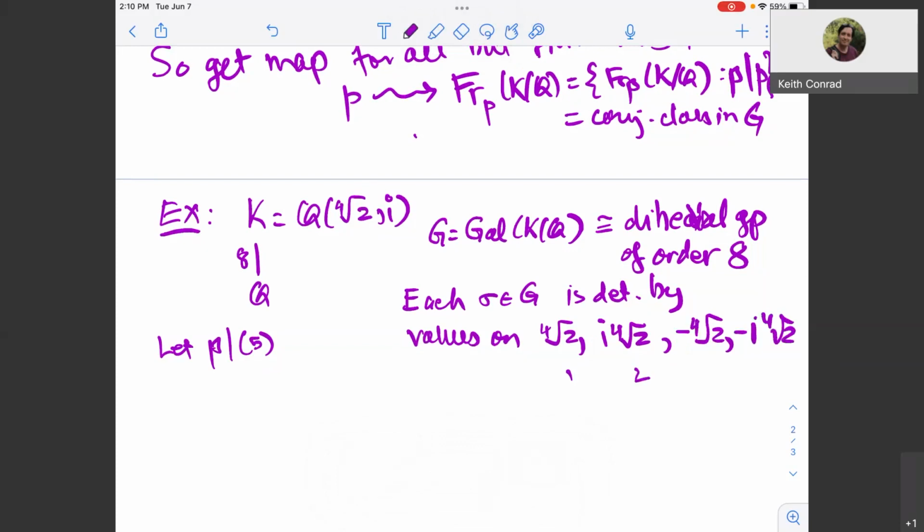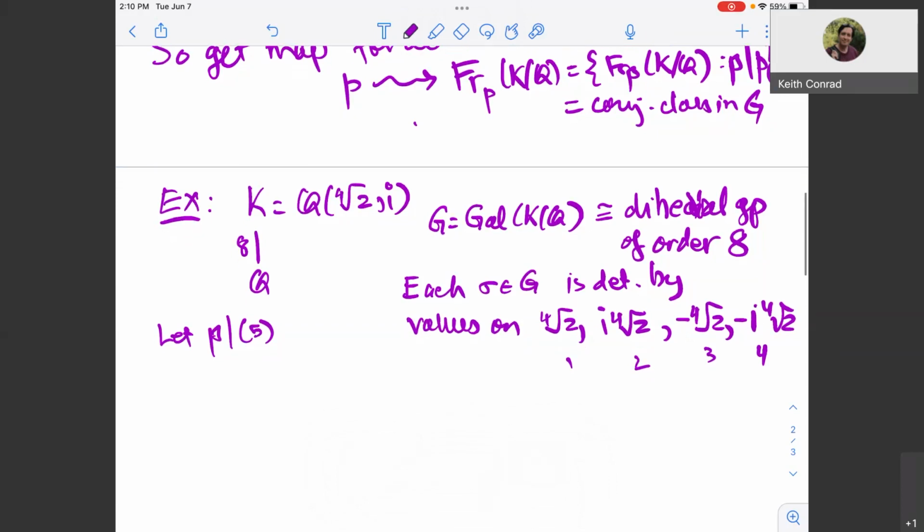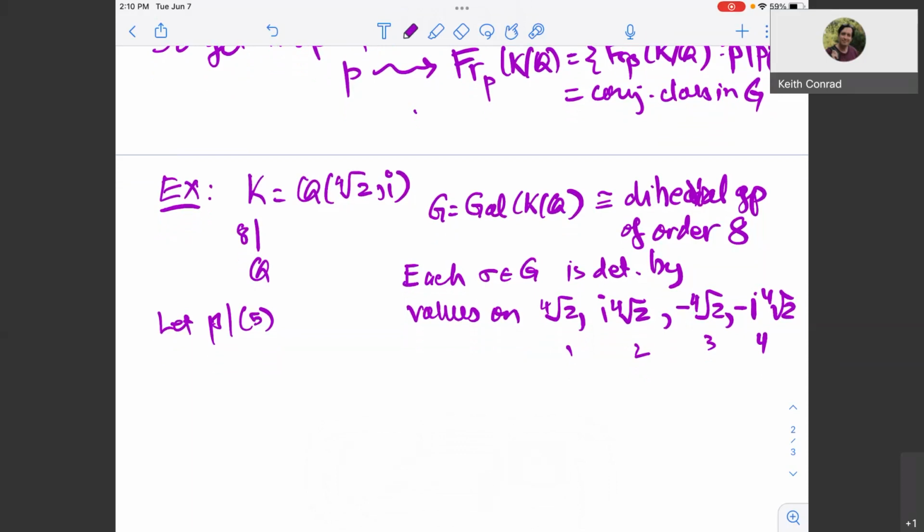If we call these 1, 2, 3, and 4, any permutation of these 4 fourth roots of 2 can be thought of as a more familiar kind of permutation on 4 symbols, on the numbers 1 to 4.